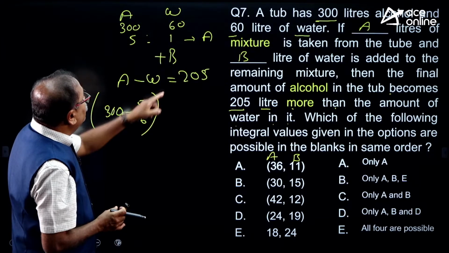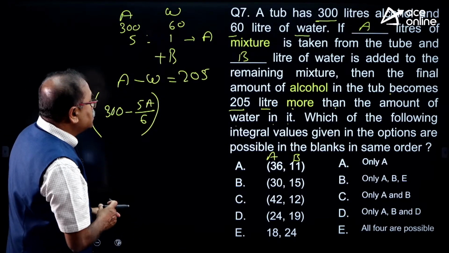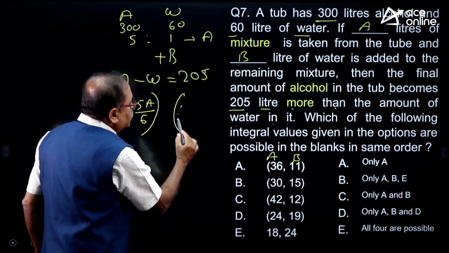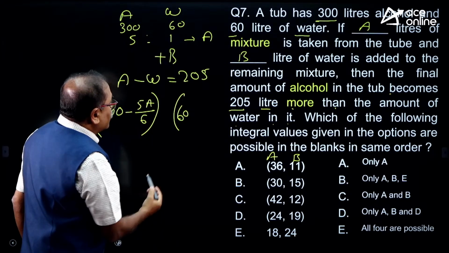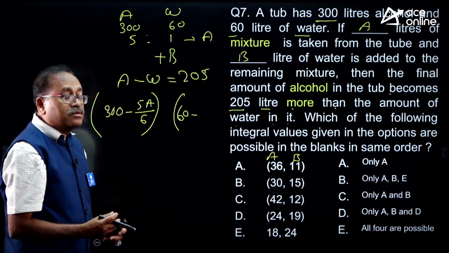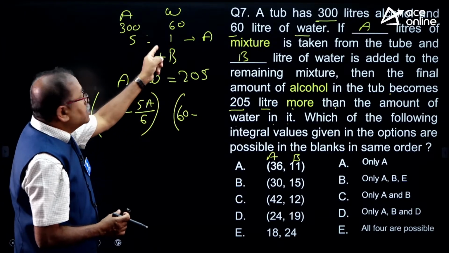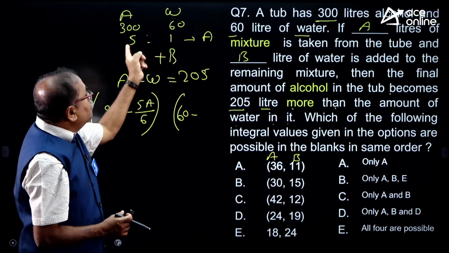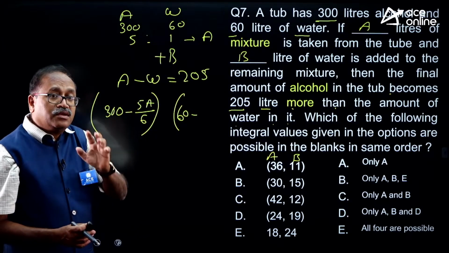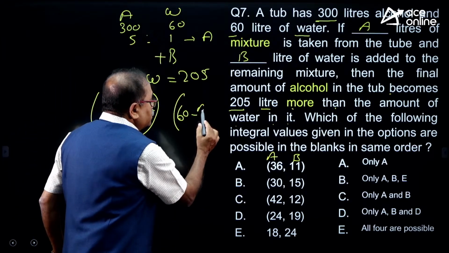And what about the water? In the case of water, that is 60 minus what part of water is taken out? That's 1 part out of 6 parts, so 1 by 6 of A, which is A by 6.